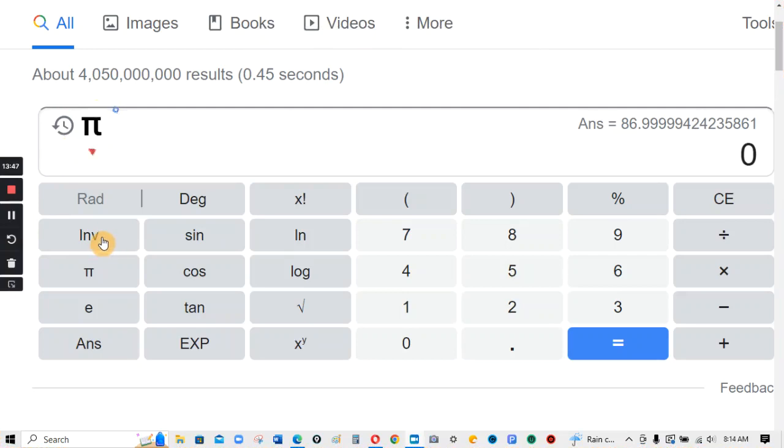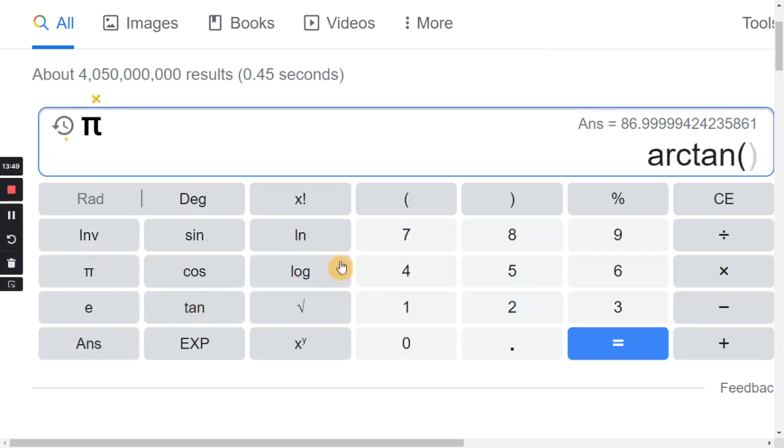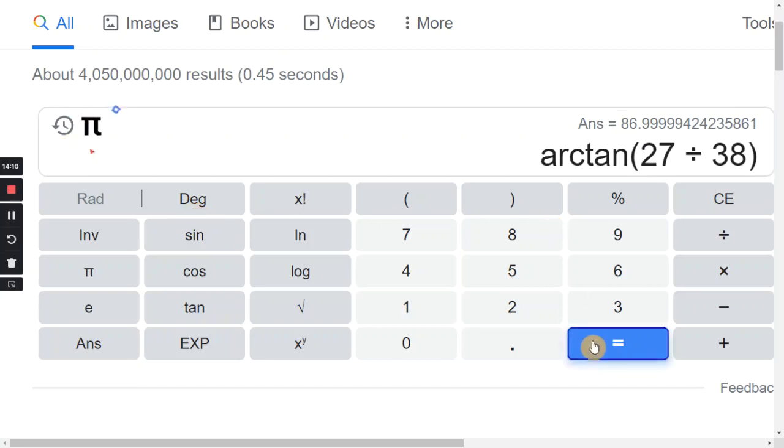Okay, so inverse tan, and they have the parentheses, 27/38, close parentheses, okay? 27 divided by 38 is the same as 27 over 38 in terms of a fraction. Again, make sure DEG is highlighted or bold-faced, and click equals.